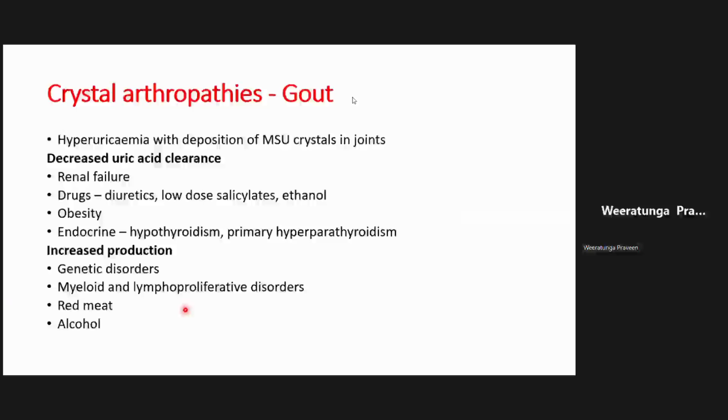Now, the causes of gout are a frequent MCQ, right? So, which of the following cause gout? The principle behind it is anything that causes increased production of uric acid, or a condition that causes reduced uric acid clearance, can cause gout. So the typical example of a condition that causes reduced uric acid clearance is renal failure.